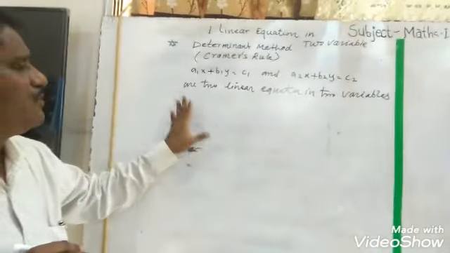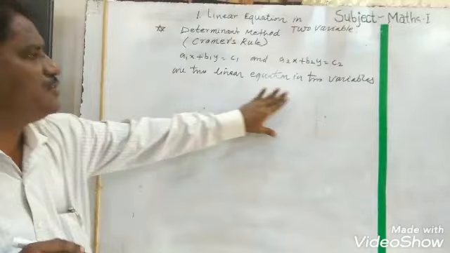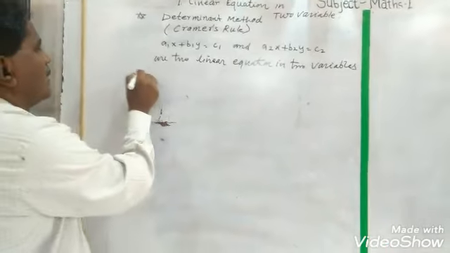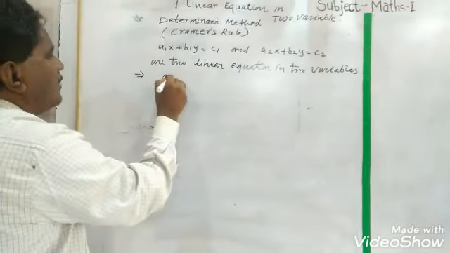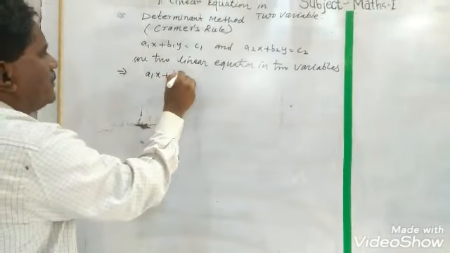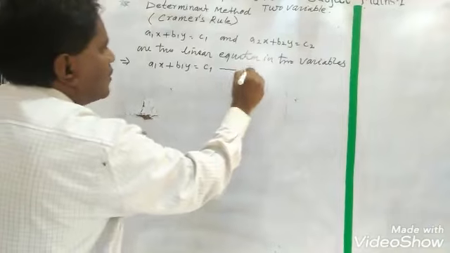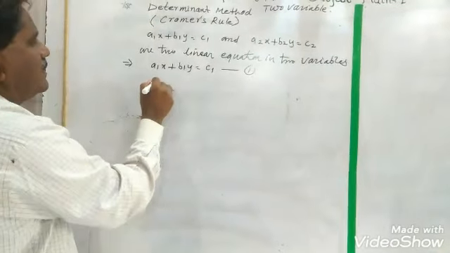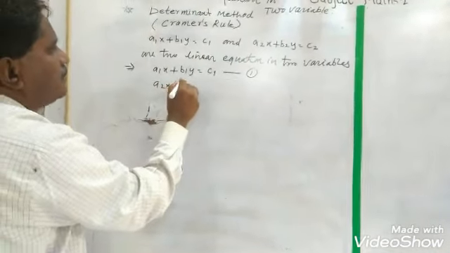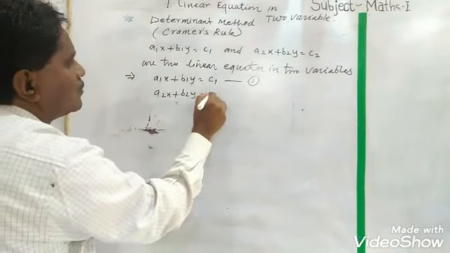That is the simultaneous equation as well as linear equation in two variables. So therefore that is a1x plus b1y is equal to c1. याला एक नाव देऊन टाकू आणि a2x plus b2y is equal to c2.